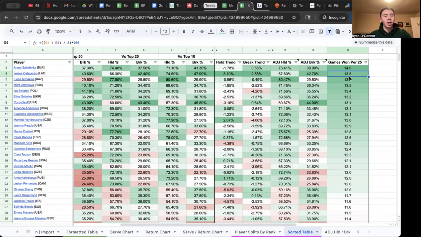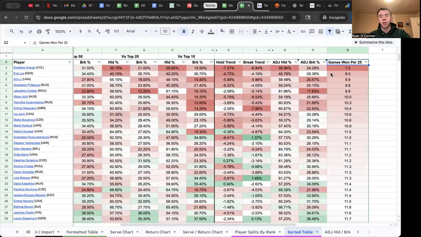Sabalenka, Rybakina, Andreeva, Iga, Svitolina, Gauff, Anisimova, Alexandrova, Andreeva, Pegula, Osaka, Badosa, Keys, it makes a lot of sense. And the flip side is Arango, with most of the same names when you reverse sort, because of the way it's all adding up.